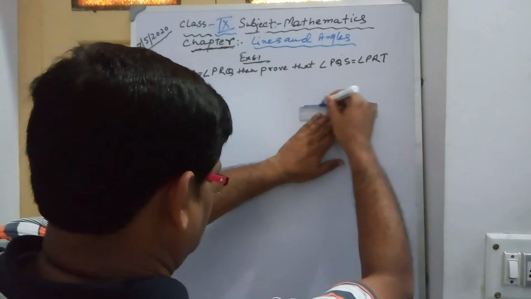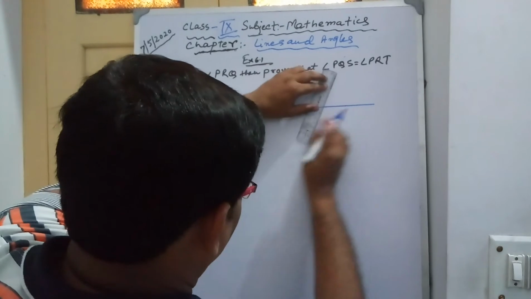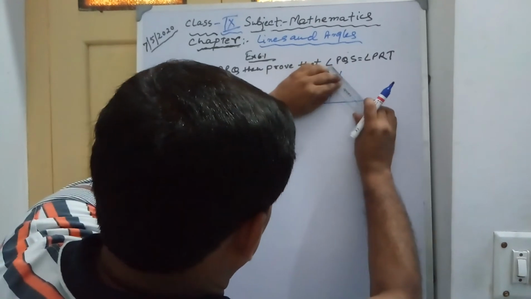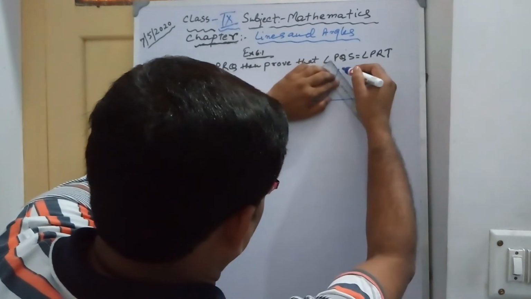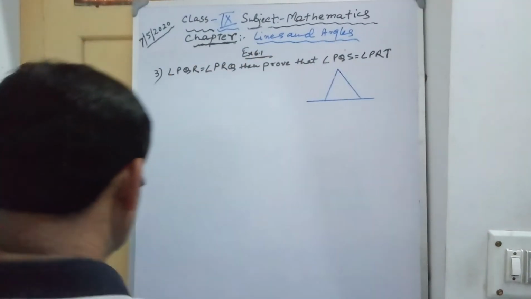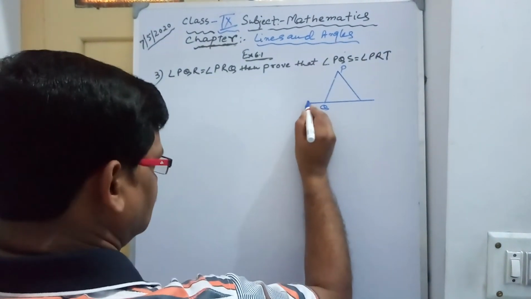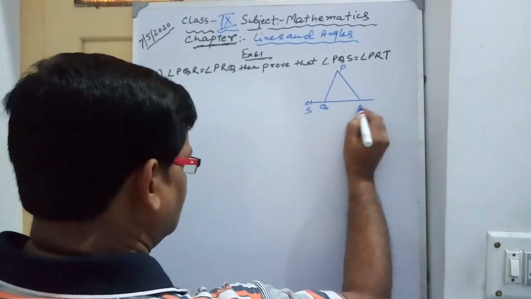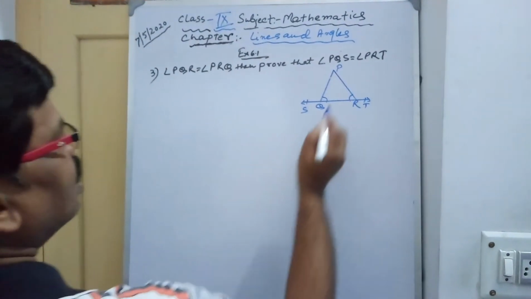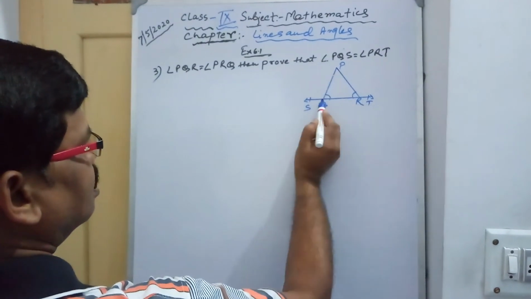Straight line, make a triangle. P, Q, S, R, T. Angle PQR equal to angle PRQ.